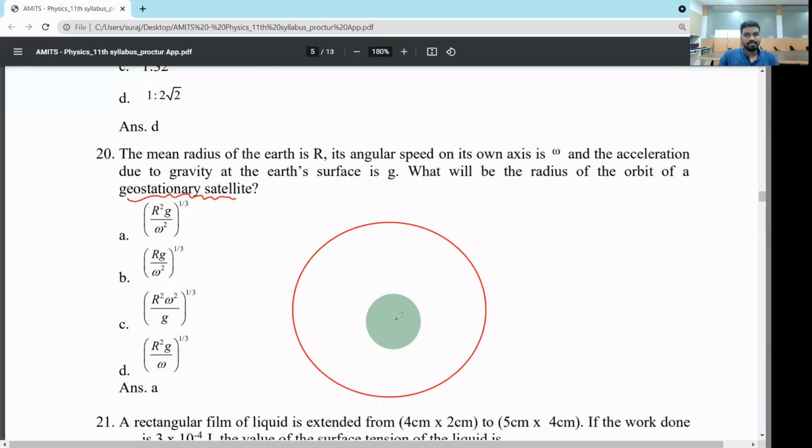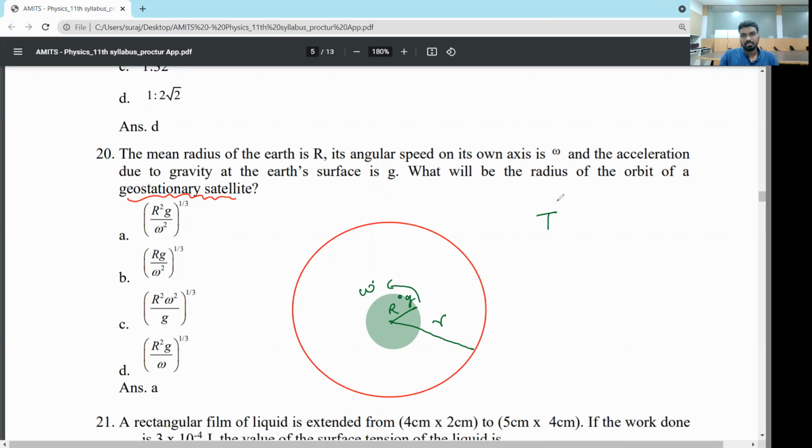Mean radius of Earth is given. This is given r, and angular speed on its own axis is given omega, and the acceleration due to gravity at the Earth's surface is given g. Fine. What will be the radius of the orbit of a geostationary satellite? So this is nothing but radius of the orbit r they are asking.